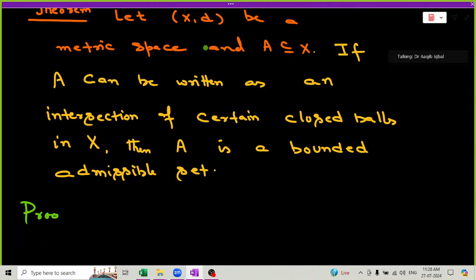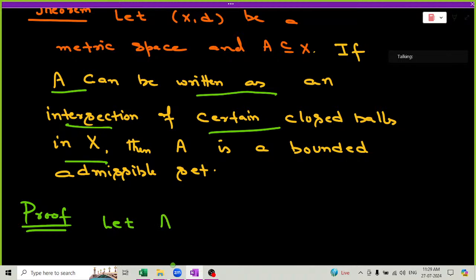Proof. हमारी assumption ये है कि A can be written as an intersection of certain closed balls in X. तो मैं पहले यही लिख रहा हूँ.